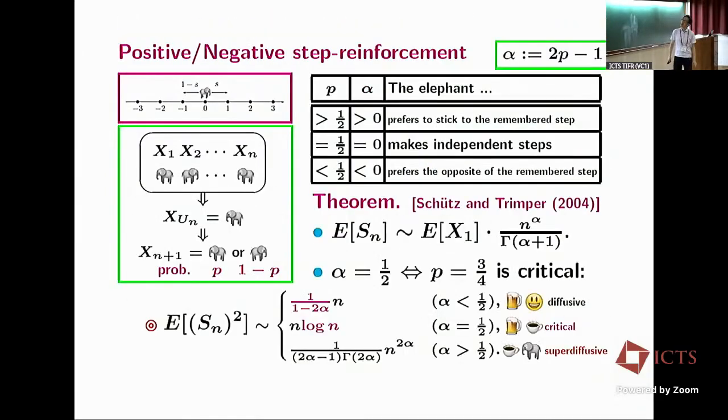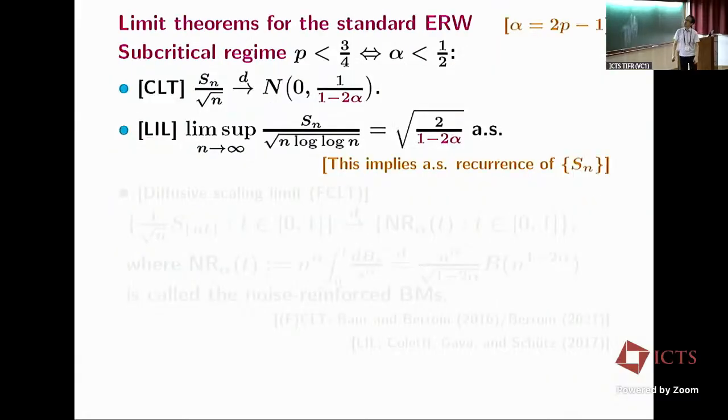The first slide is about the subcritical regime of p less than 3/4. In this regime, the elephant random walk is quite similar to the symmetric random walk. In this central limit theorem, the scaling factor is usual, square root of n.